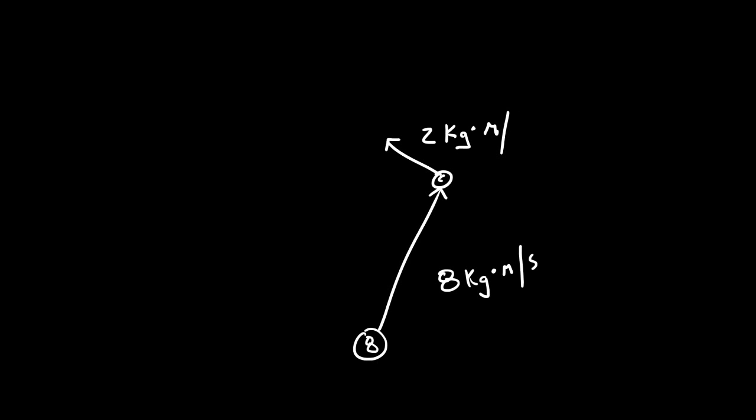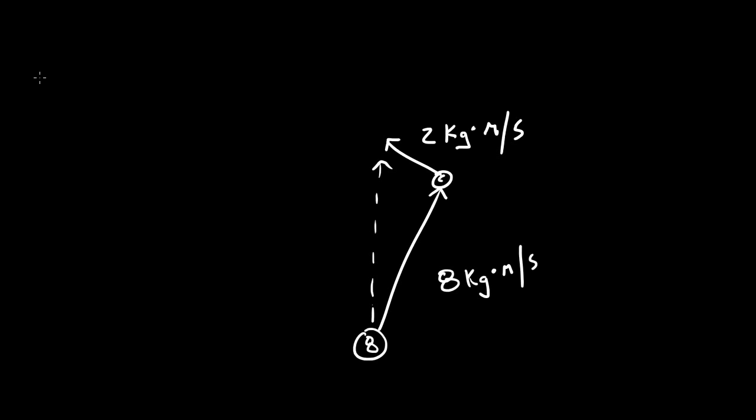Whenever you're doing this on graph paper, make sure you draw these to scale. For example, this vector right here would be 8 inches, and this vector right here would be 2 inches or centimeters. As long as they're to scale, it doesn't really matter. In order to find the sum of these vectors, you take the tail of the first one and draw a line to the head of the last one. So this right here would be your resulting vector.